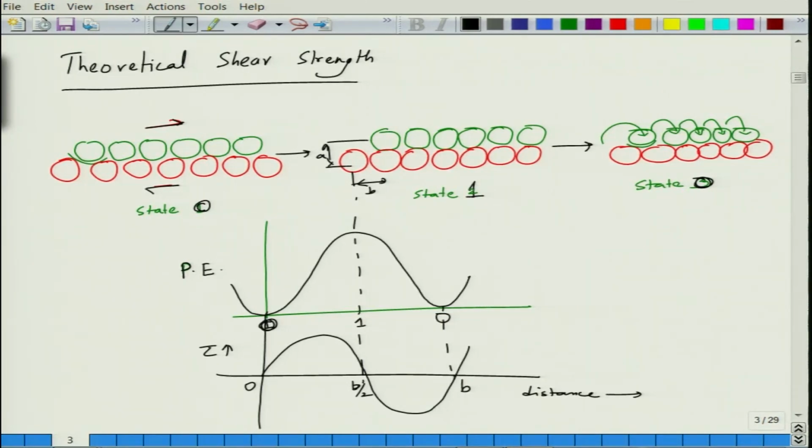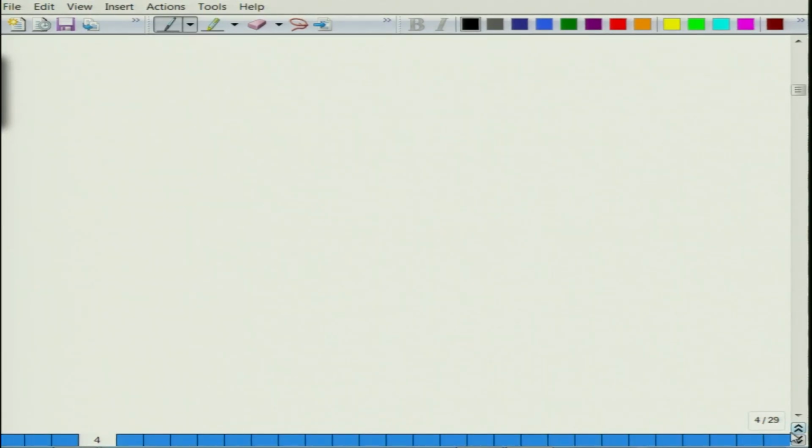So, basically we want to work out what is a simple model for theoretical shear strength.